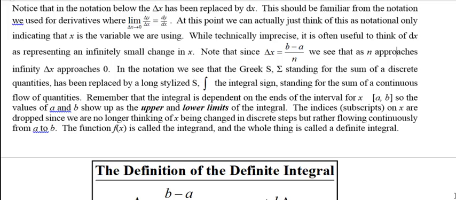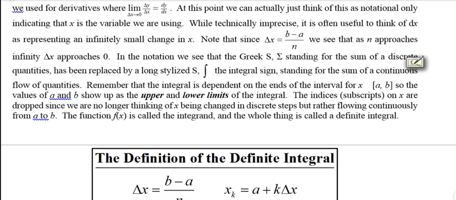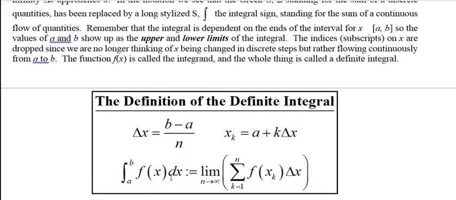So in fact the dx in the notation below, and let me just flip down to the notation, the dx right here in the notation really can be thought of as just notational only. That dx basically just indicates that x is our variable, and it's really there for notational purposes.